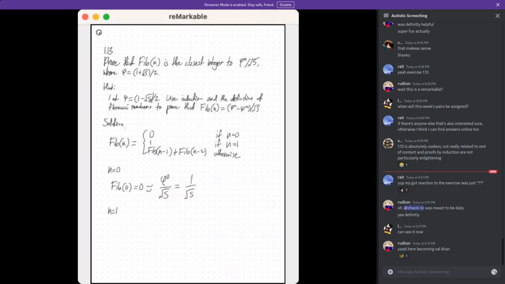Yeah, for the case where n equals 1, right? We would also do Fibonacci sequence for 1, right?